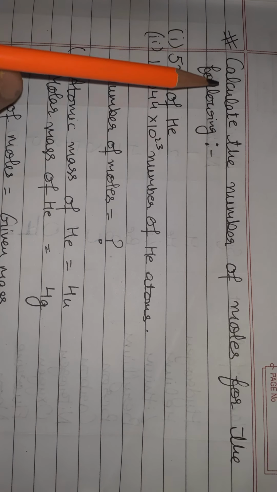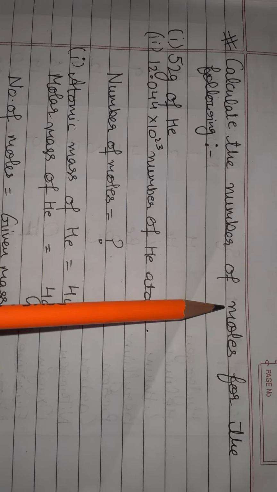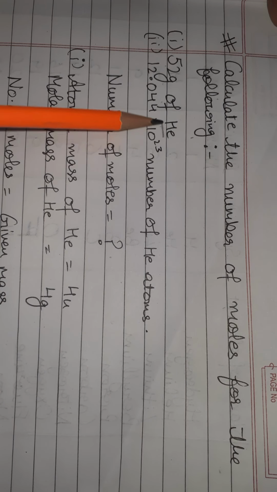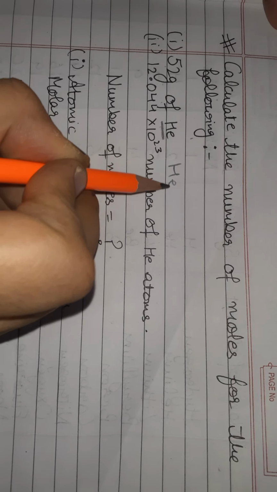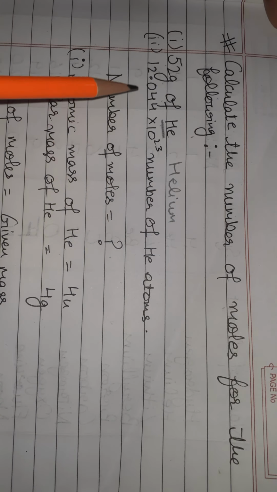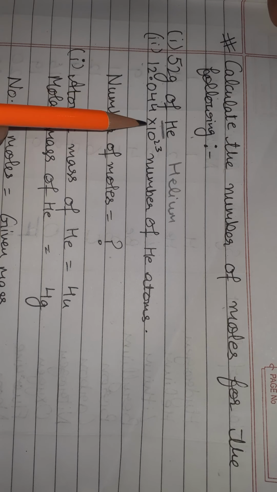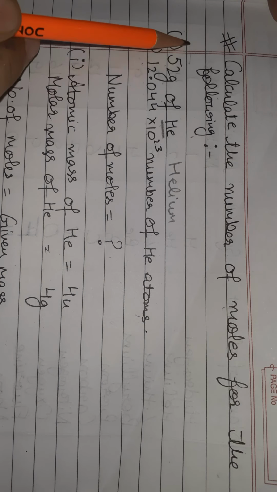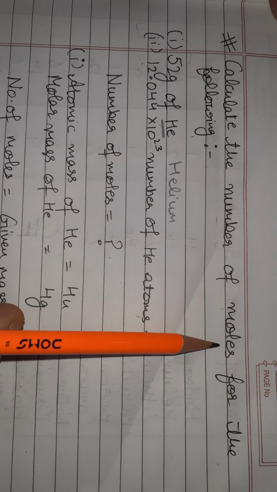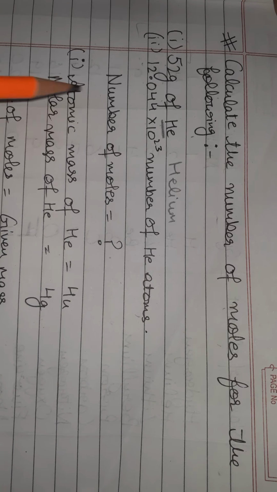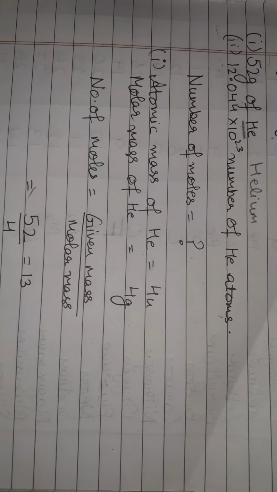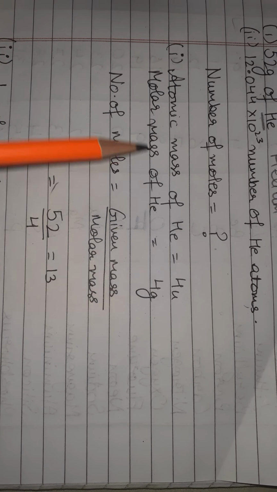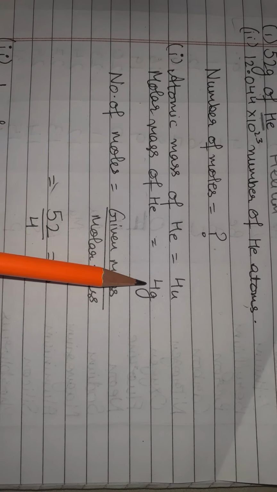Now let's solve one solved example: calculate the number of moles for the following. First, 52 gram of He, helium. Second, 12.044 multiplied by 10 raised to power 23 helium atoms. For these two we have to calculate the number of moles. In the first part, the atomic mass of helium is 4 U and the molar mass of helium is 4 gram.